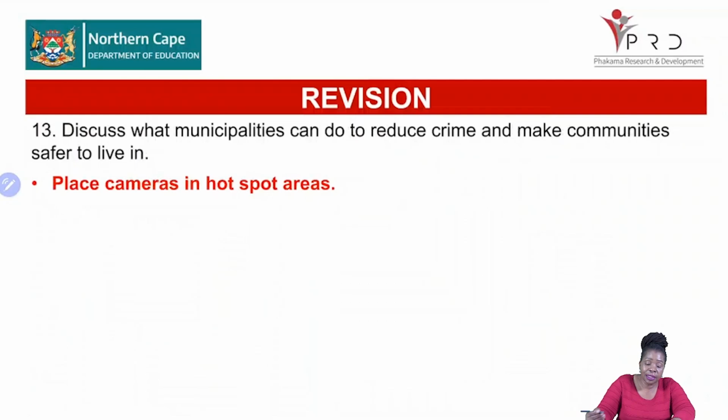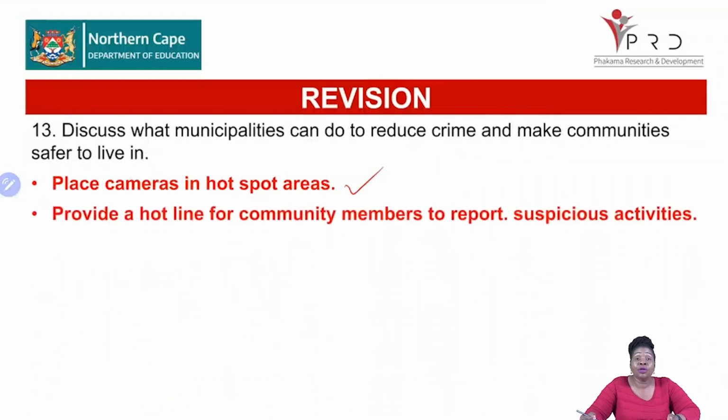Firstly, they can place cameras in hotspot areas where they know that there is crime, and also they can provide a hotline for community members to report suspicious activities. Right?